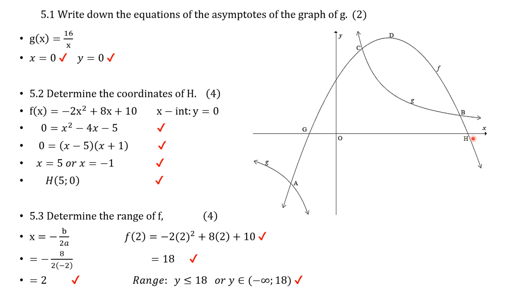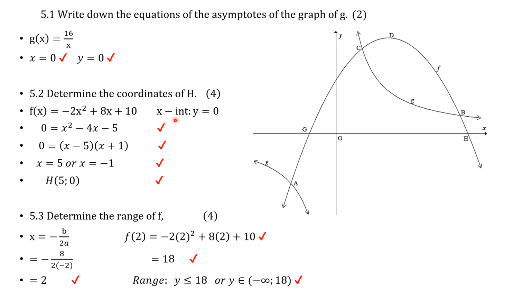5.2, determine the coordinates of H. As I said, H is an x-intercept, so for the x-intercept, make y equal to 0. So minus 2x squared plus 8x plus 10. If I divide by negative 2, that becomes x squared; 8x divided by negative 2 gives me negative 4x; 10 divided by negative 2 gives me negative 5.